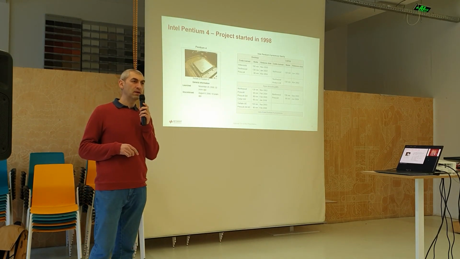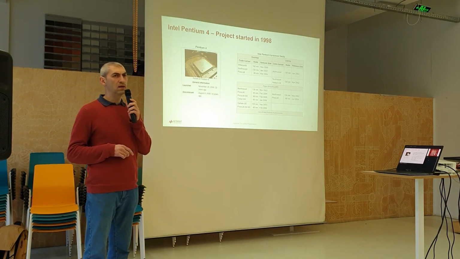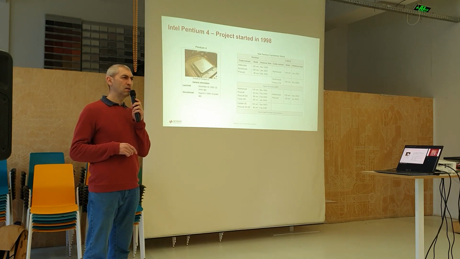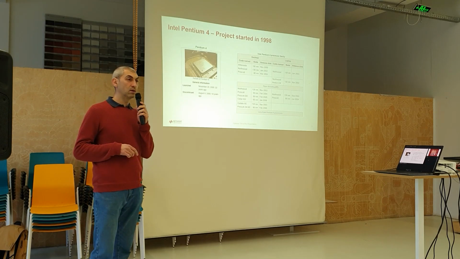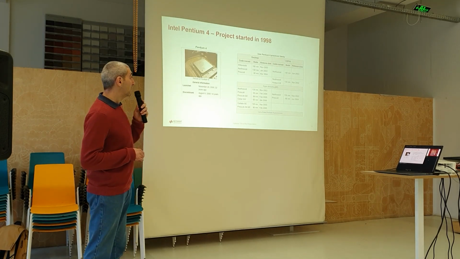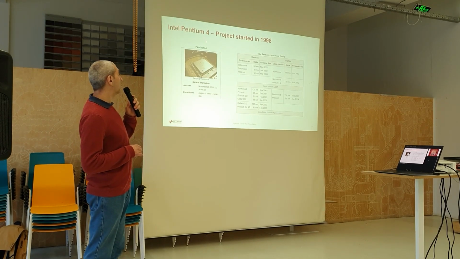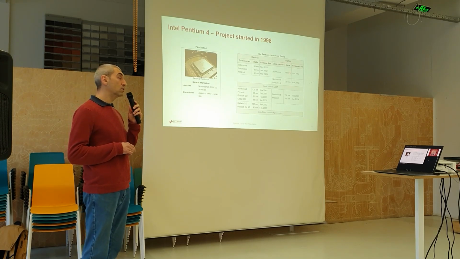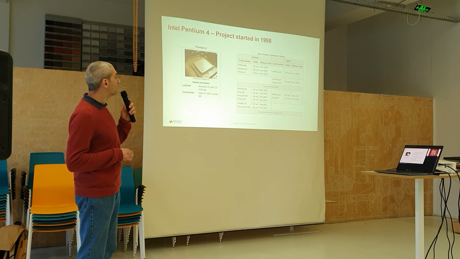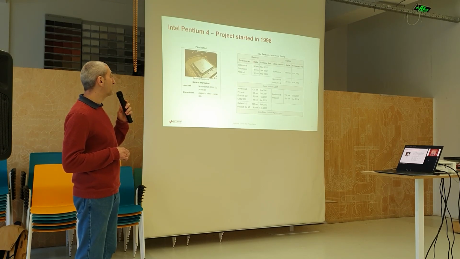It was using the same architecture, but it had a higher CPU frequency, probably more cache. So the Intel Pentium 4 was actually supposed to be launched after Pentium 2, but because of some delays, it was launched after Pentium 3.